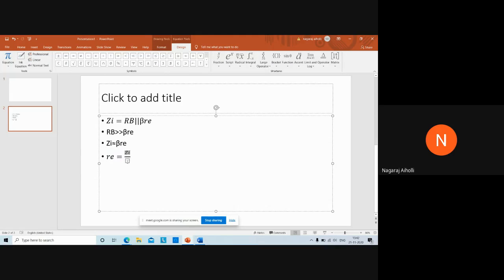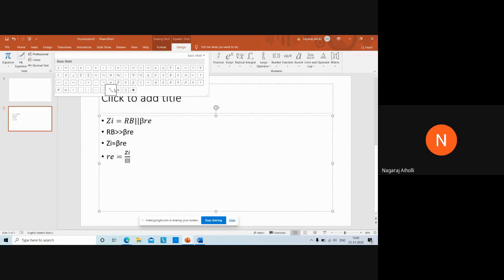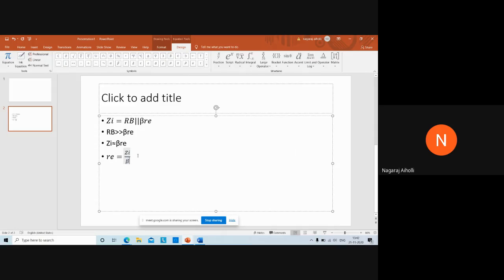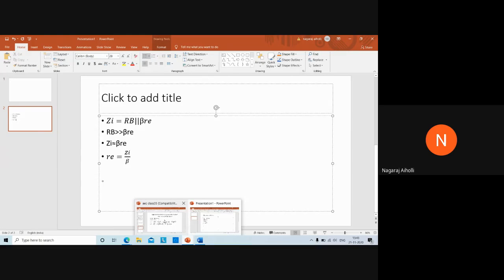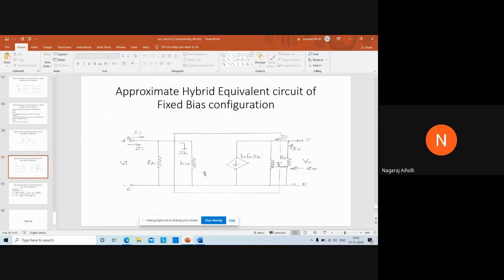Then we have beta in the denominator. This is one part. Another thing we have to find out is this: we have taken RB parallel beta RE. If we look into this model, here HIE or beta RE, both are one and the same. HIE is nothing but beta RE, the AC resistance on the input side.